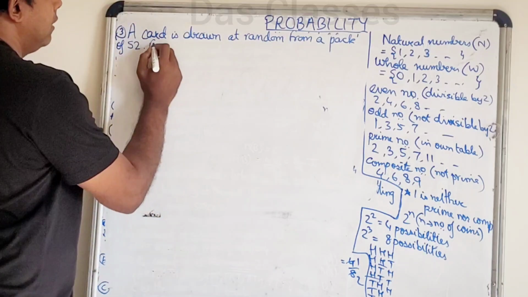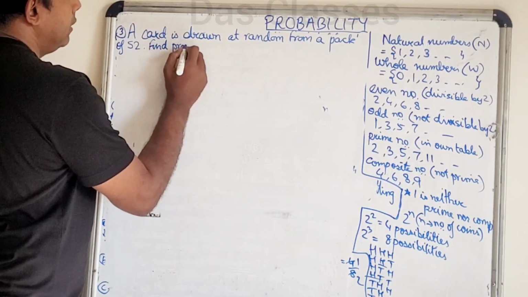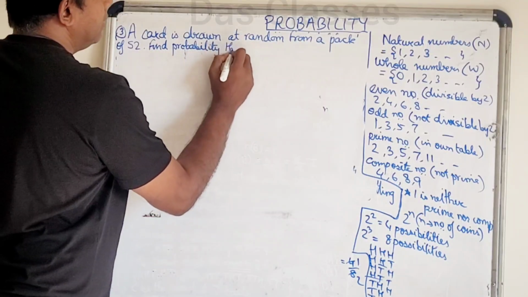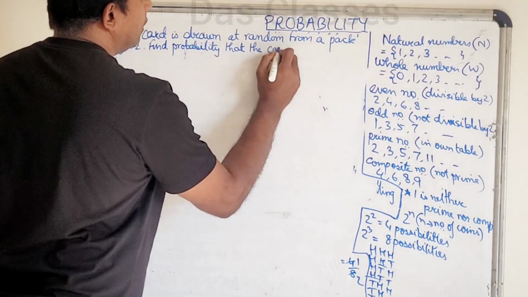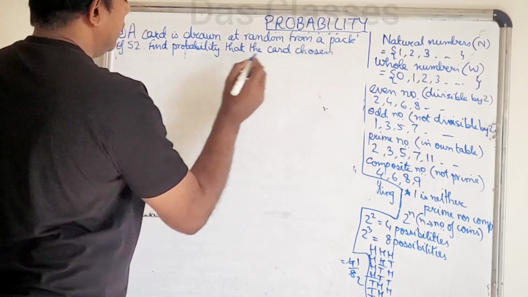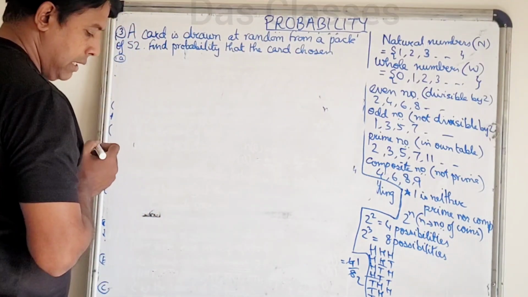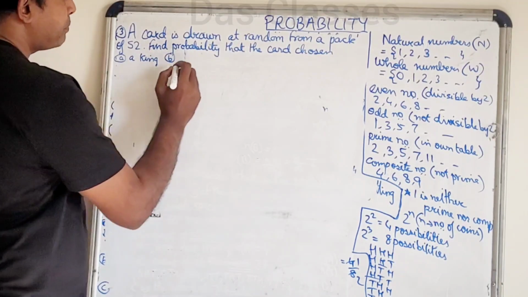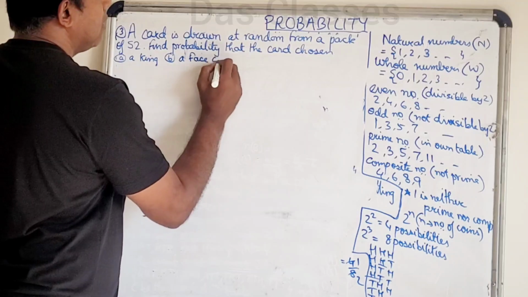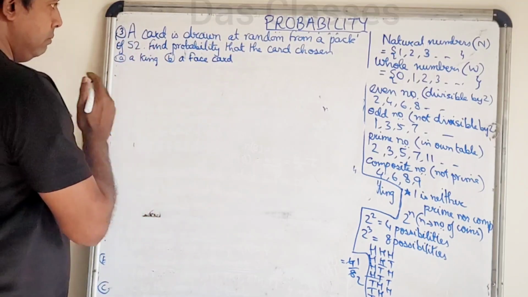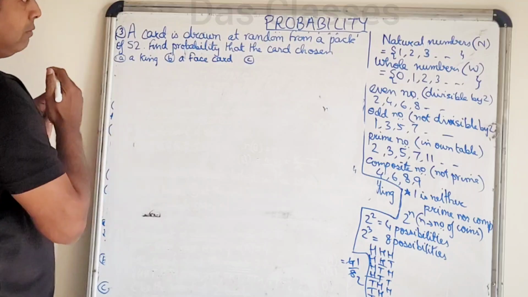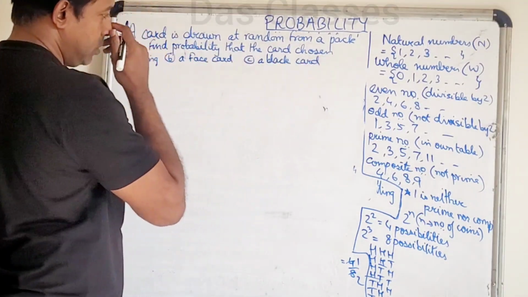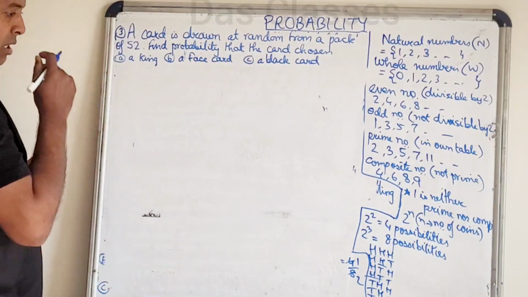Find the probability that the card chosen is A, a king; B, a face card; C, a black card. So quickly we'll revise this and then we'll start.